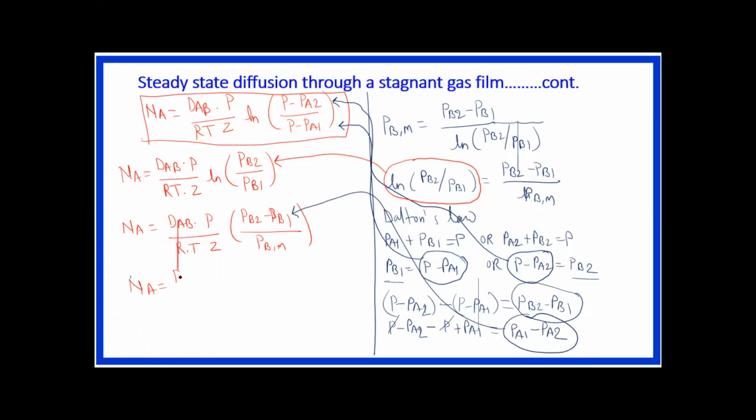Na equal to DAB P upon RT Z PA1 minus PA2 upon PBM.